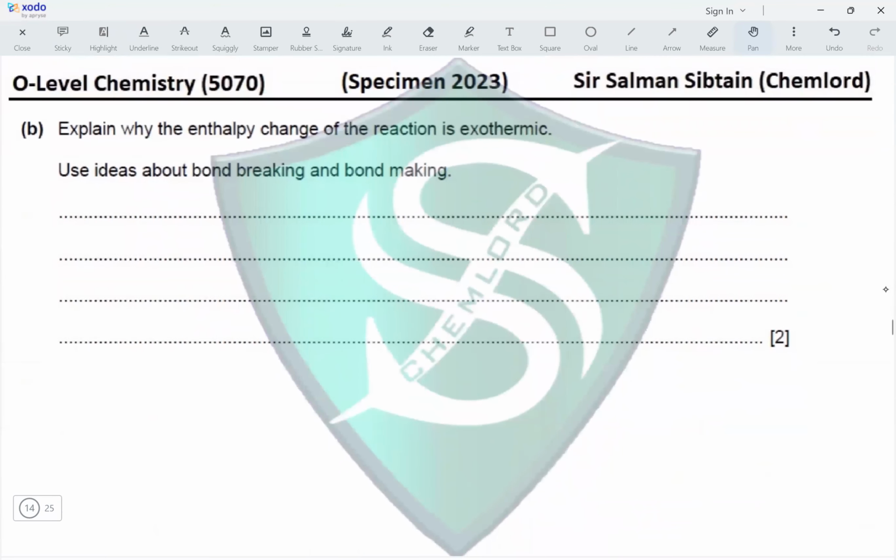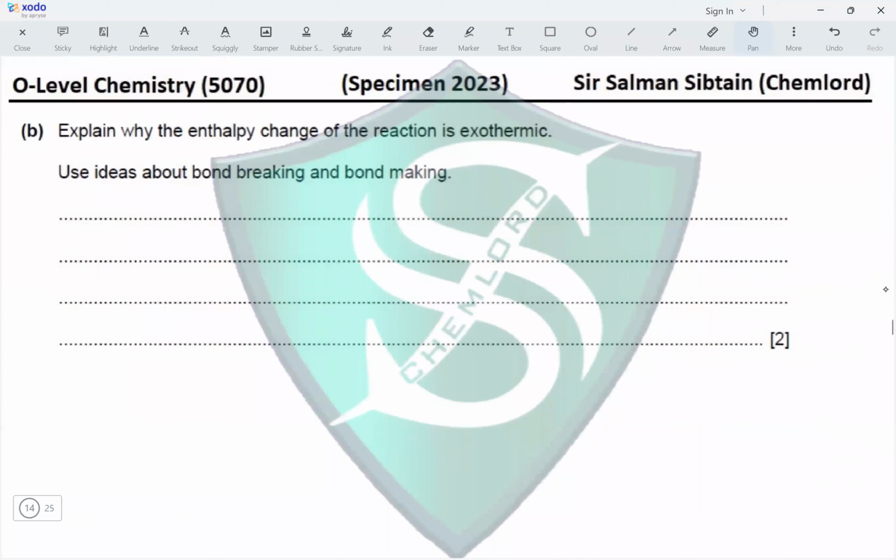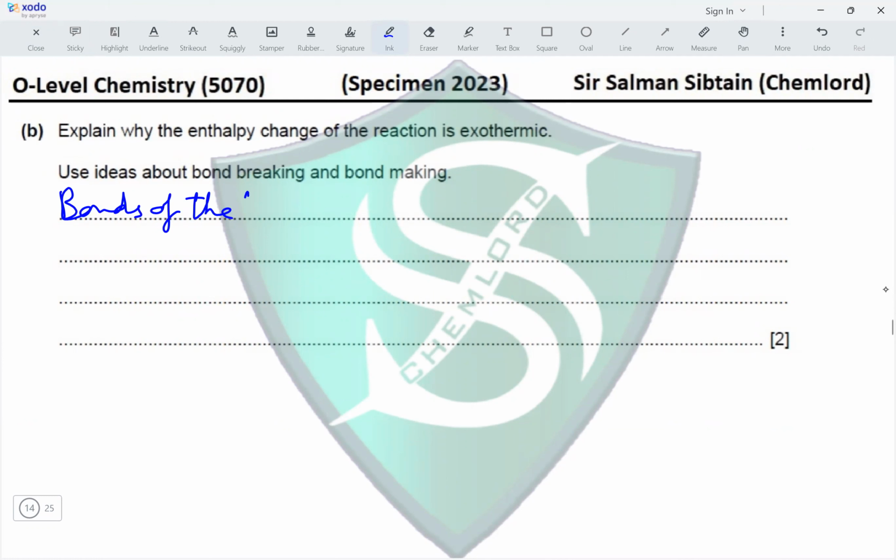In part B, they have asked us to explain why the enthalpy change of the reaction is exothermic. Okay, use ideas about bond breaking and bond making. So we have the bonds of the reactants being broken, right? Bonds of the reactants are broken. This is an endothermic process.